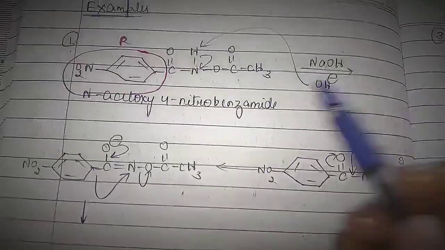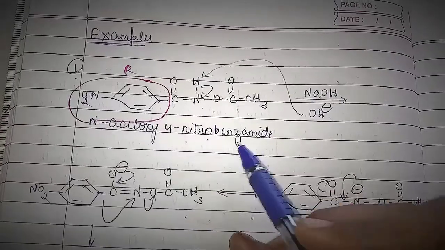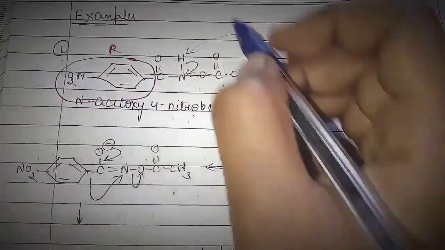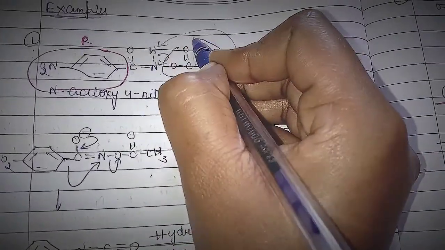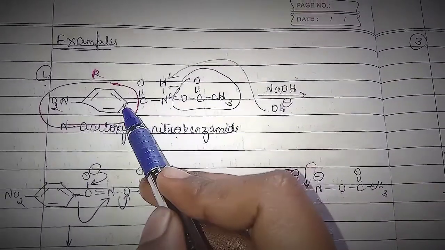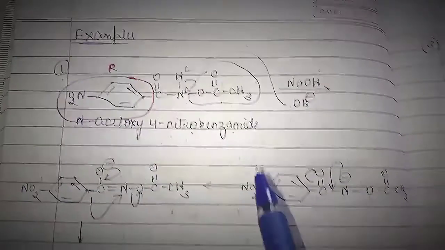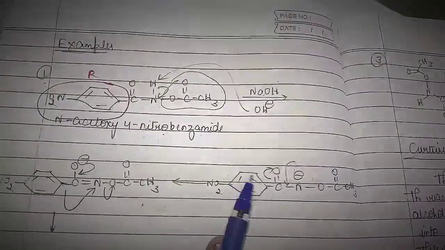Let us go through some examples. Consider the first example, N-acetoxy 4-nitrobenzamide. When it is treated, first let us go with the trick now.